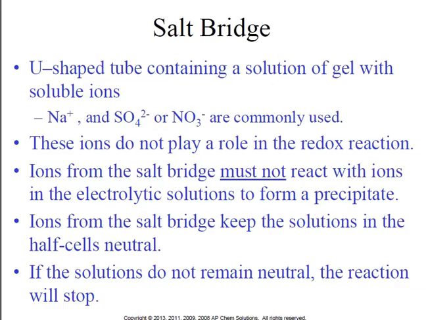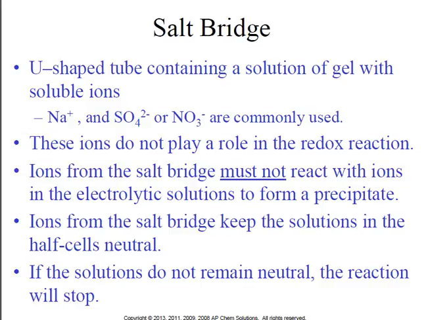The salt bridge. Okay, let's talk a little bit more specifically about what this is. A salt bridge can be a complicated apparatus, or it can be really, really simple. We'll talk about the one that you would use if you had fancy material first. It would be a U-shaped glass tube with a solution of gel in there, and in that gel you would have these ions, and the ions could move.